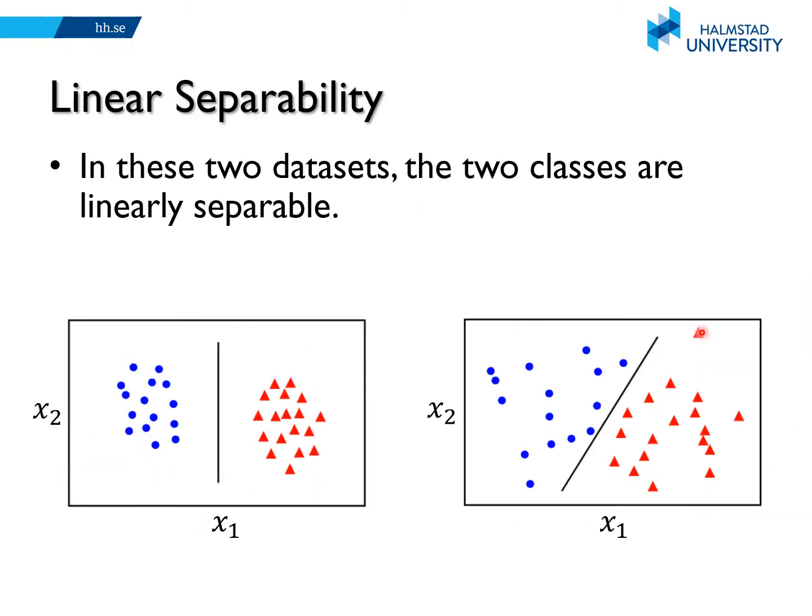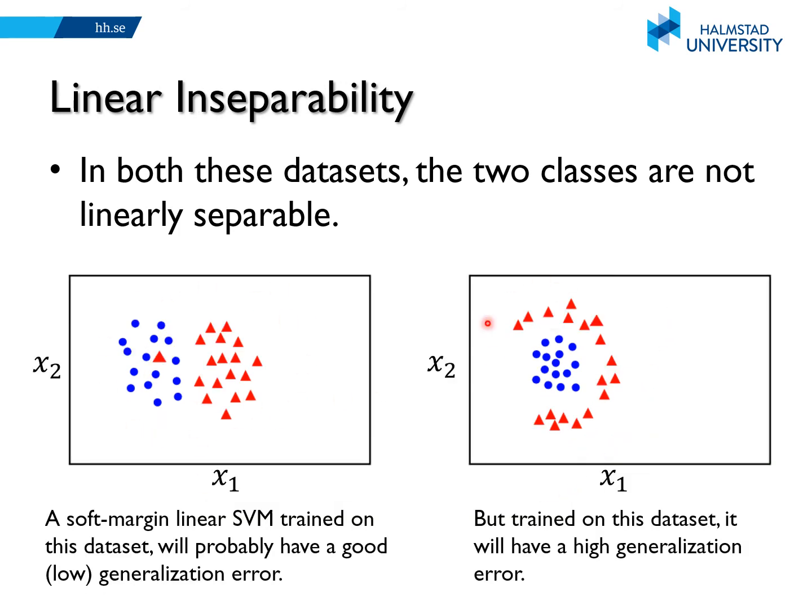In these two data sets, the classes are linearly separable. They can be separated with a line. So we can correctly classify all the training examples just based on a linear model. But in these two data sets, the classes are not linearly separable.